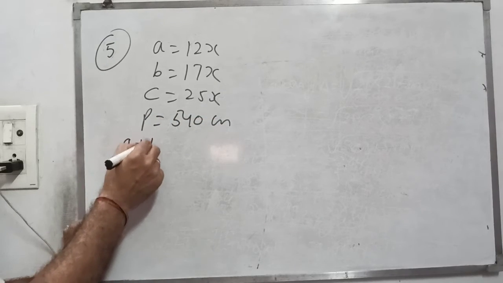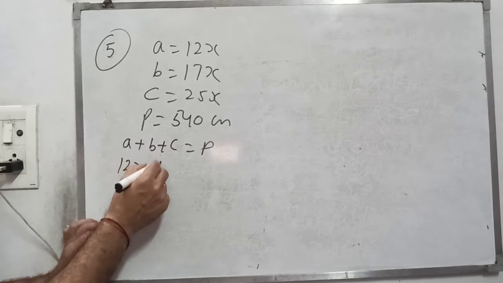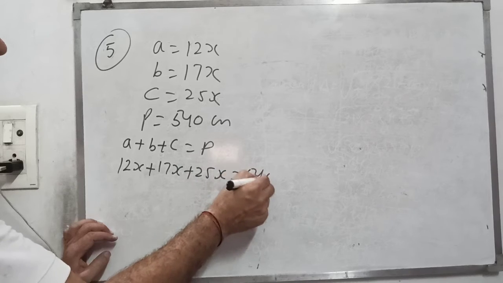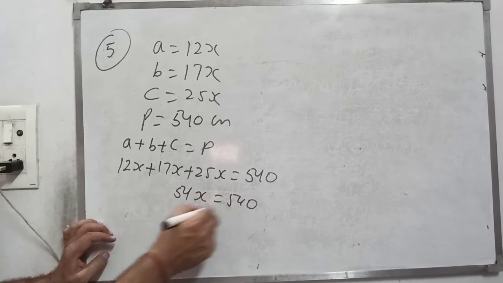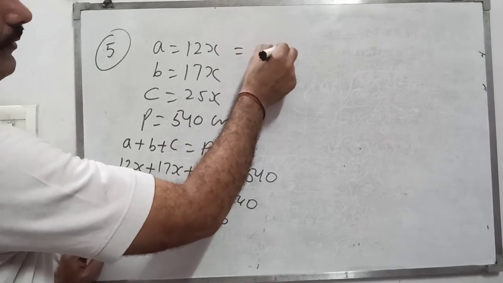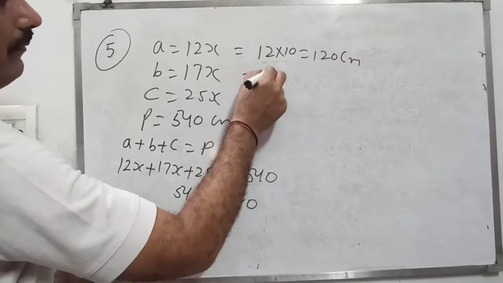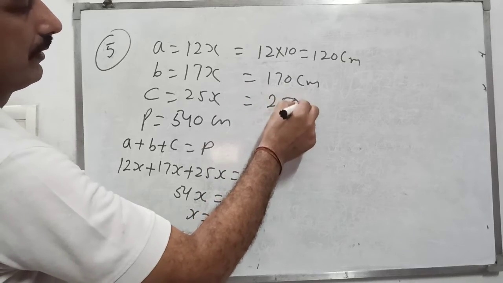So A plus B plus C equal to perimeter. So 12x plus 17x plus 25x equal to 540. So 54x equal to 540. So x equals 10. So it means A becomes 120 centimeter, then B 170 centimeter, then C 250 centimeter.